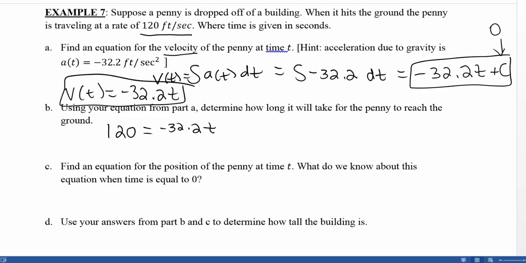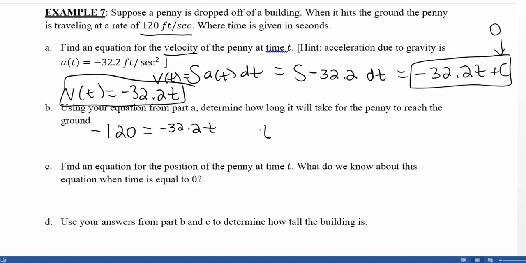Now, we have to be a little careful about our signs here, because notice that 120 is the opposite sign of 32.2. It doesn't make sense for these to be different signs. The negative in this scenario indicates that the object is traveling in the downward direction, which means we also want our rate of 120 feet per second to be negative, because the penny was still traveling downward when it hit the ground.